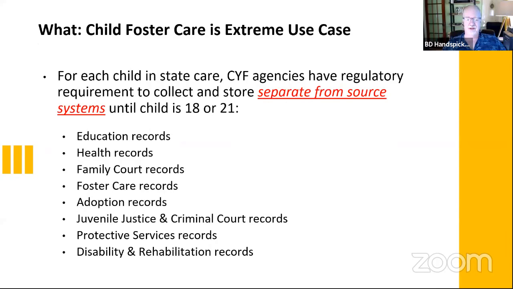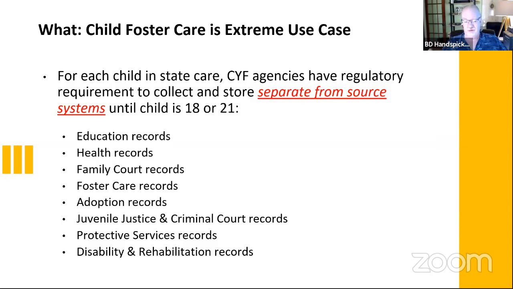Next slide. We've covered this already. Child foster care is one of those extreme use cases because for each child in state care, there are legislative requirements at the federal and state levels on child and family welfare agencies to collect and store all information associated with a child in state care, such as a foster child or a client of the juvenile justice system, and store that information separate from the source systems until the child turns 18 or 21.